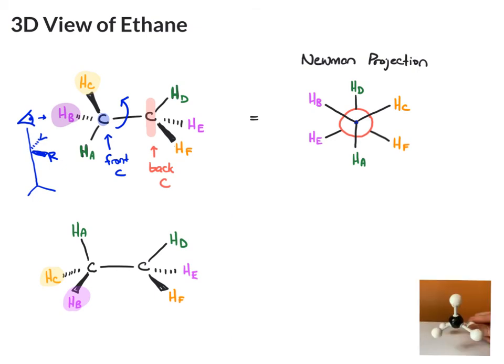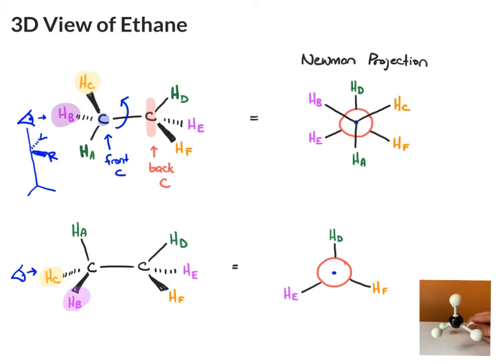I'm going to leave that up as a point of reference, but as we go to convert this to the Newman projection, remember we're looking from this left side, and what we're going to do is go ahead and draw our front and back carbon again. We didn't mess with the back carbon, so put the three groups on the back carbon exactly how they are up here in this original structure.